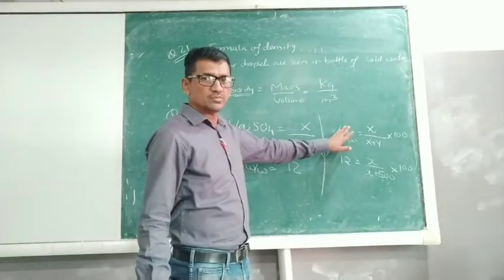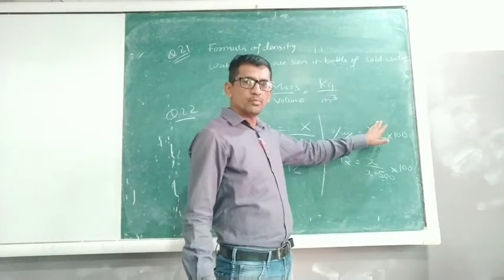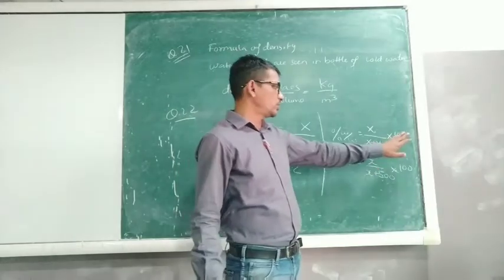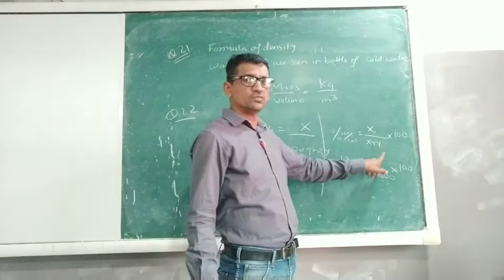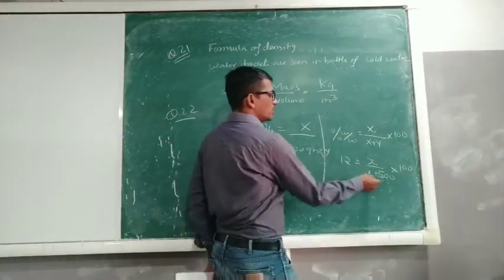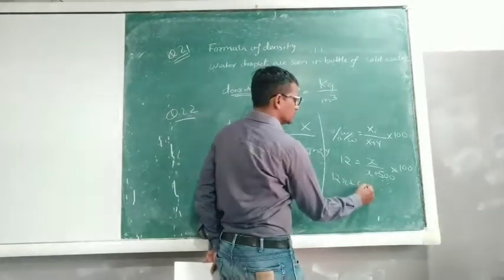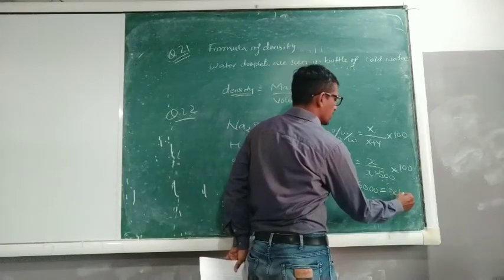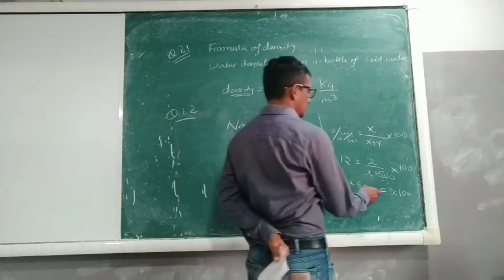Percentage mass by mass, means weight by weight, is equal to weight of solute or weight of component upon total weight of solution, x plus y, into 100. So this is the sodium sulfate and this is sodium sulfate plus water. So we put the values. This equation, you take on one side, then it is 12x plus 12 into 500 is equal to 100x.